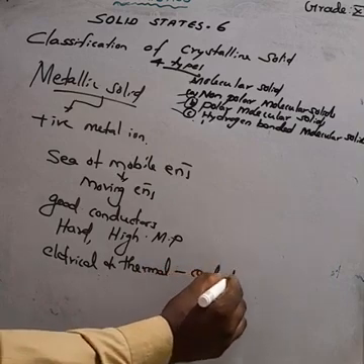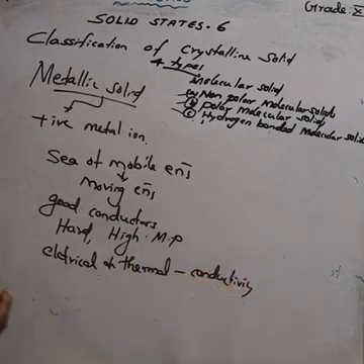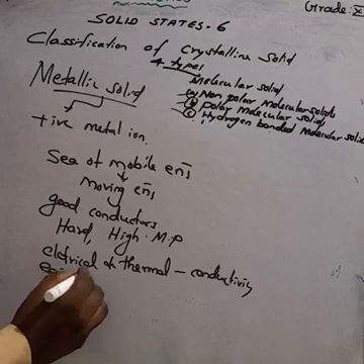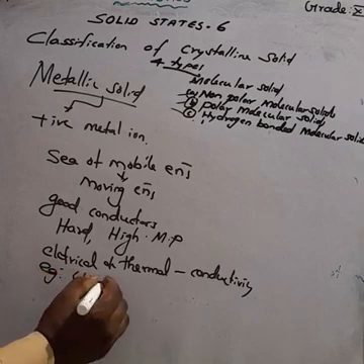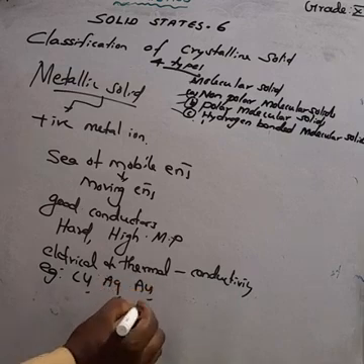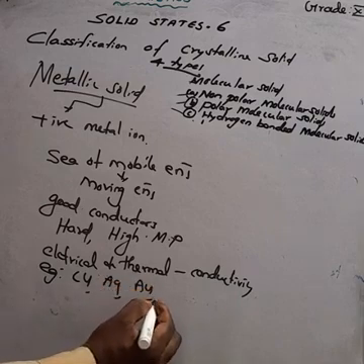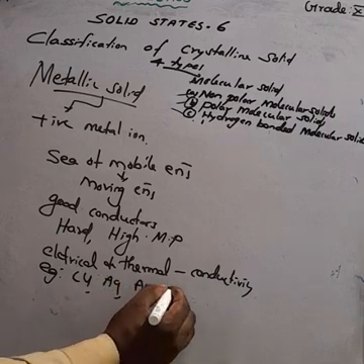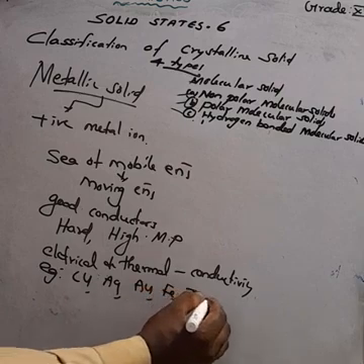Metallic solids possess bright luster. For example, copper, silver, gold, iron, zinc, etc.